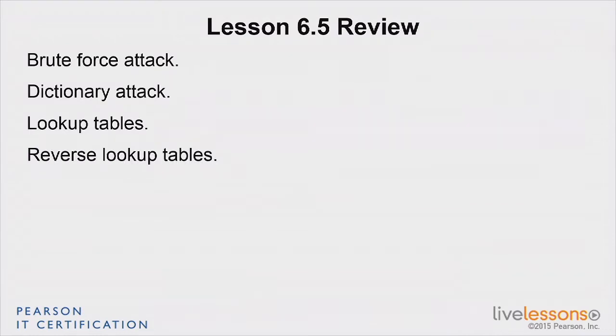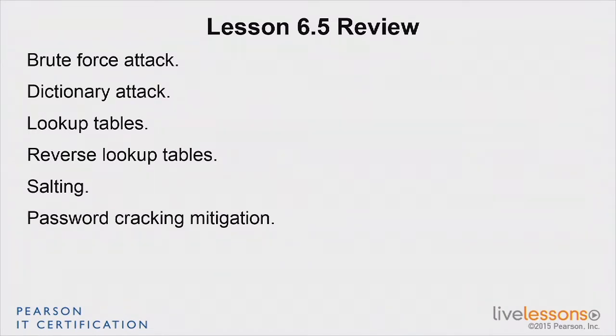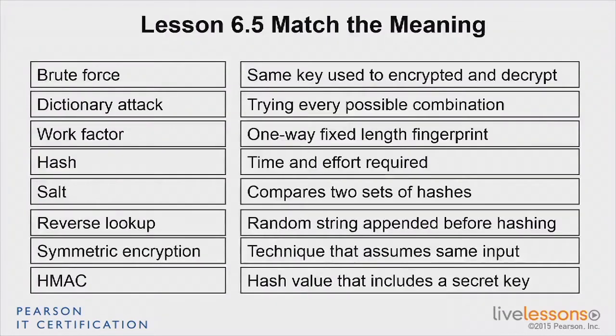We talked about lookup tables and reverse lookup tables. Salting, which is a string that we add to our original data, our original input, when we're doing our hash. And then password cracking mitigation, which includes encryption, implementing multi-factor authentication so we're not dependent upon the insecurity of passwords, and our subject or user training.